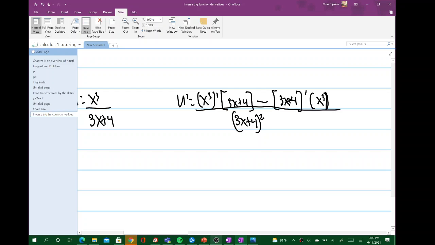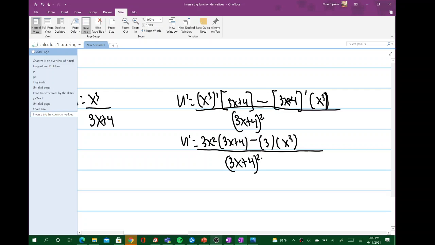So x cubed prime is 3x squared, times 3x plus 4, and then minus 3x plus 4 prime, that's just 3 times x cubed, all over 3x plus 4 quantity squared.